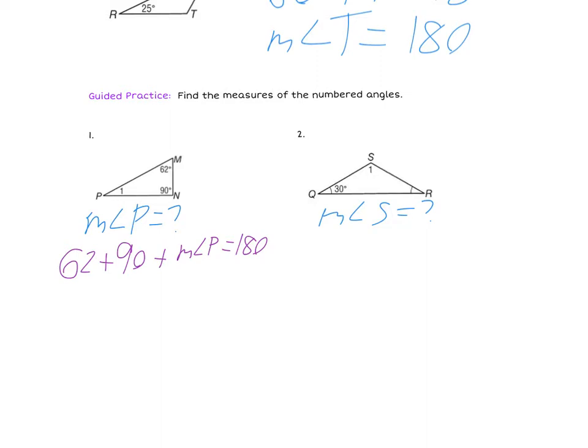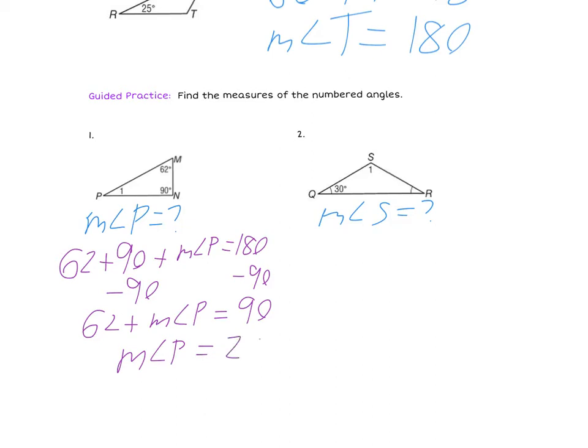I'm going to subtract 90 from both sides before I start combining terms, because I know that 180 minus 90 is just going to be 90. So 62 plus the measure of angle P is equal to 90. And for me, mentally, 90 minus 62 is an easier thing to do. So the measurement of angle P is equal to 28 degrees.